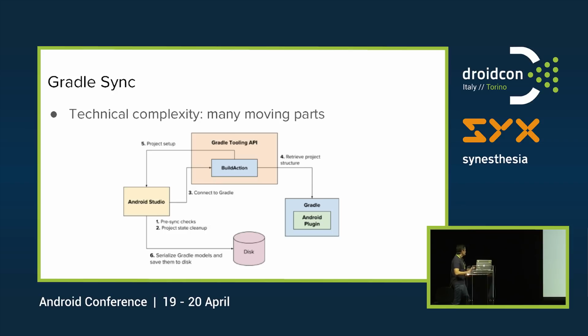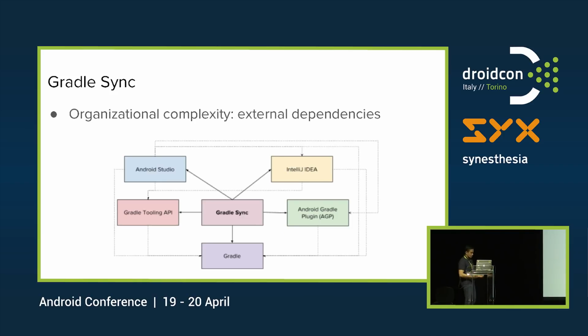Now, this is the complexity that makes us delay everything. External dependencies. It has been great that Android Studio is built on top of 2 proven components, Gradle and IntelliJ, but it also makes other things difficult for us, which is coordinating releases.